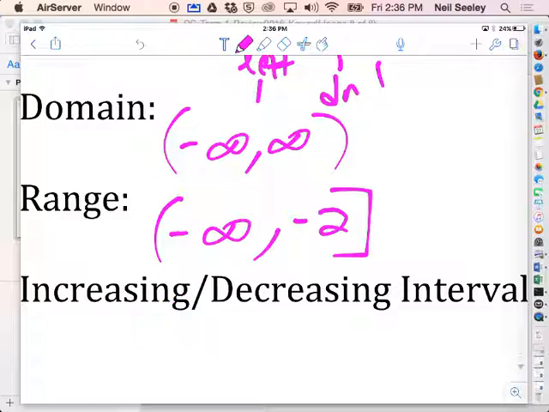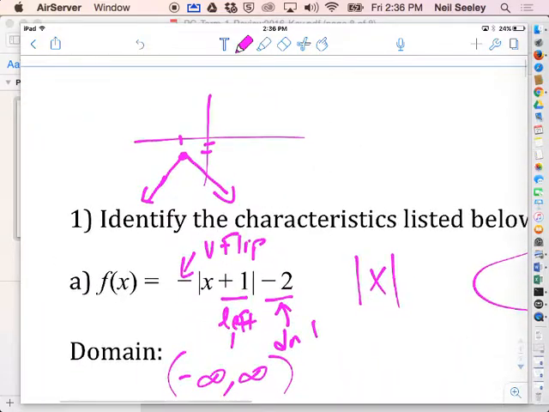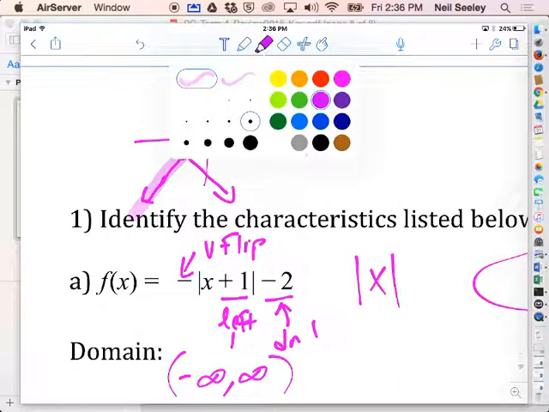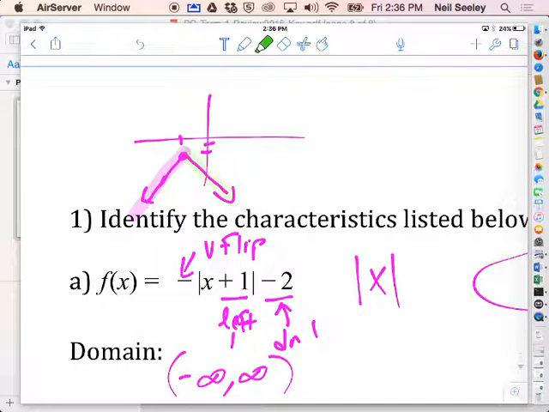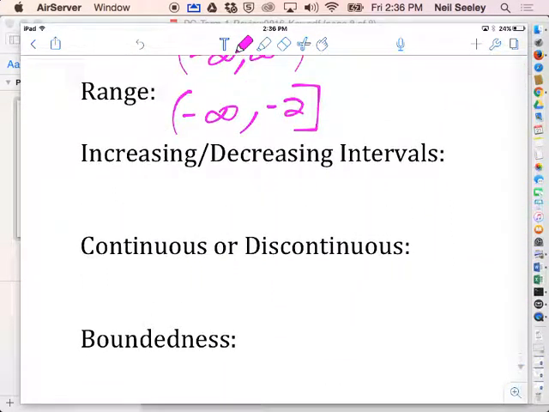Increase and decrease stuff. Increasing and decreasing by itself is not a difficult idea. It's uphill on the left and it's downhill on the right. In color, I put it up there. The deal is how you indicate it in terms of an x interval.